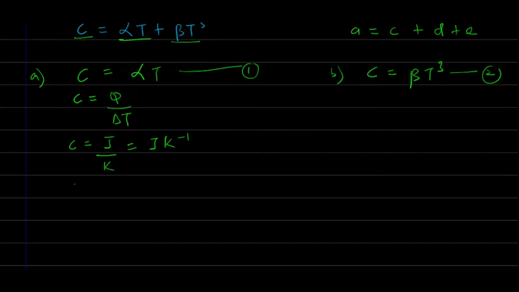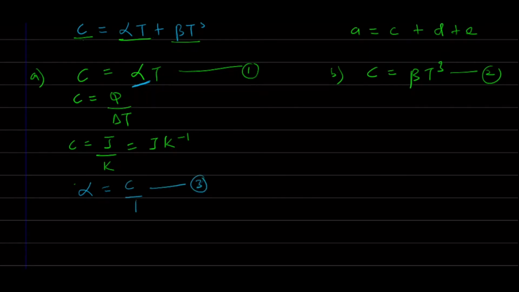Now, let's use equation 1. We are going to be using the subtopic we have considered that says that we can use dimensional analysis to get the unit and dimension of a constant. The constant involved is our alpha. Since alpha is our constant, we can make alpha the subject of the formula from equation 1 by writing it as alpha is equal to C over temperature. That makes it equation 3.